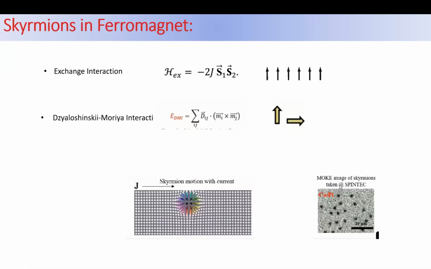So it forms a round kind of topology with its center pointing in some direction and the periphery magnetic moments pointing in the opposite direction. And this topology always remains constant, always remains the same.